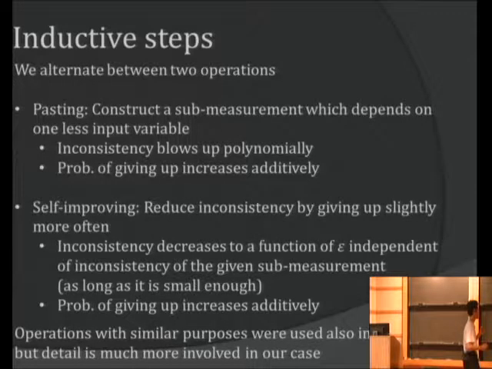In self-improvement, we make the resulting submeasurements locally. And what we want to guarantee is a global thing. Inconsistency is defined as the average over all the choices of the input, so we need to analyze the overall behavior of them. But the submeasurement itself is defined locally.